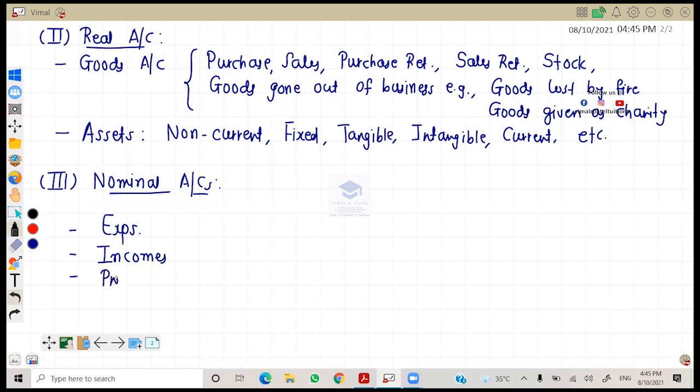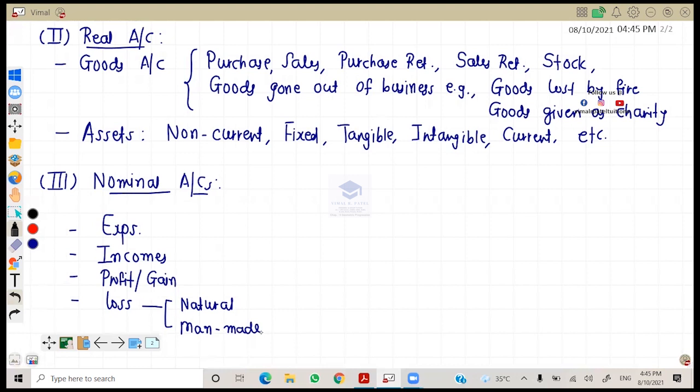Any profit or gain, any loss, it may be natural loss, or man-made loss.